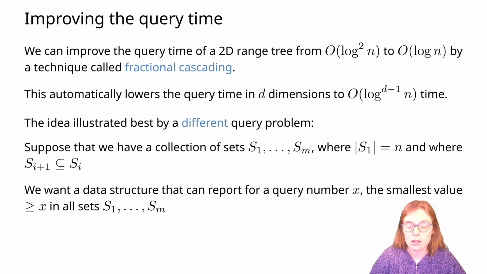So S2 is the subset of S1, S3 is the subset of S2, and so on. And the question we want to answer is, given a query number x, we want to report the smallest value from each of the sets that is greater than x, which is to report the successor of x in each of the sets.